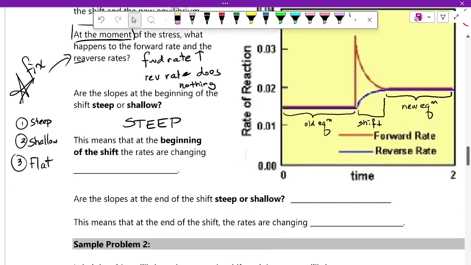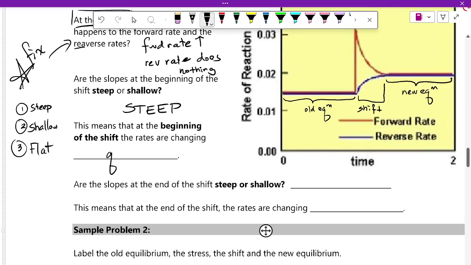It is changing quickly. So the rate of change is quick at the beginning. Are the slopes at the end of the shift steep or shallow? Shallow. Okay, and that means that by the end of the shift, the rates are changing slowly.